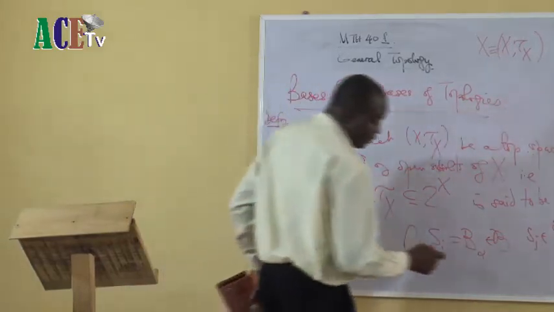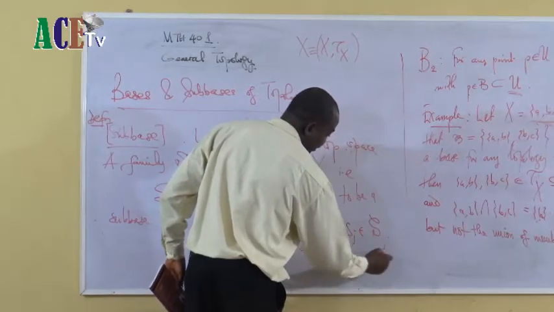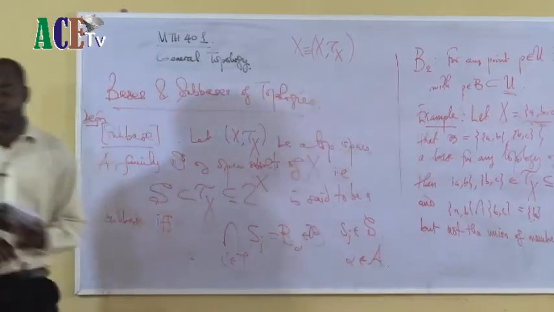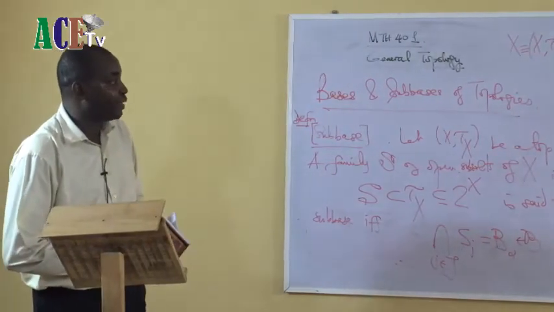This is where alpha here belongs to an indexing set A. So we are done with these aspects.